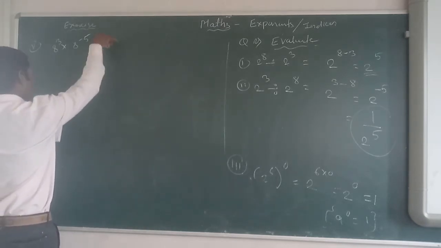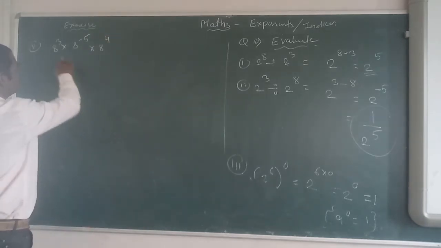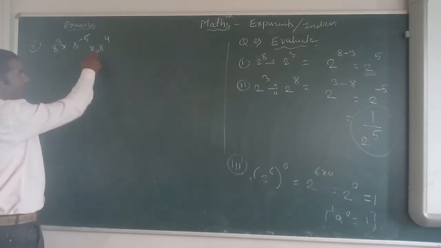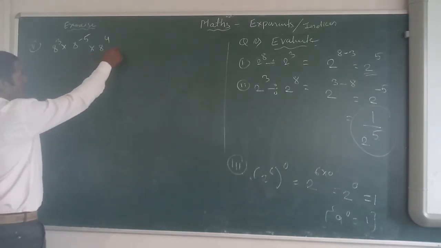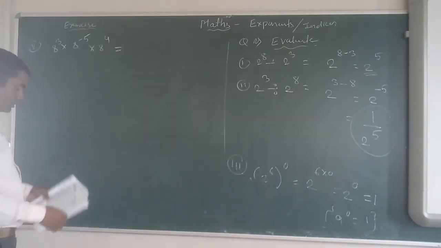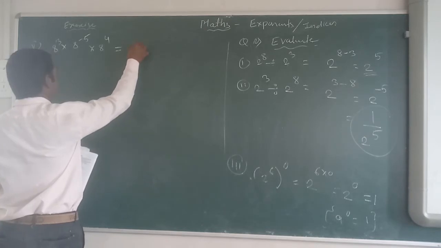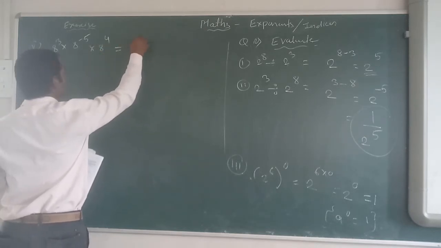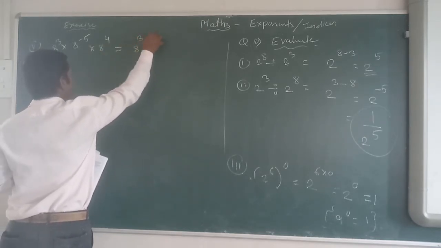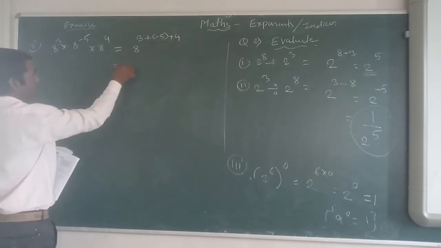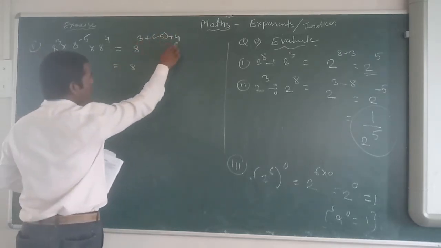Here all the bases are the same: 8, 8, 8. That means base is same and powers are different. So which law will we use? Product law. So 8 raised to 3 plus minus 5 plus 4. Take this addition, equal to 8 raised to 3 plus 4.